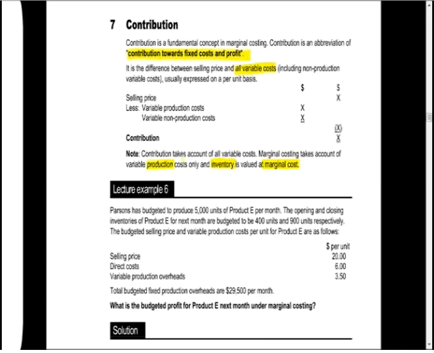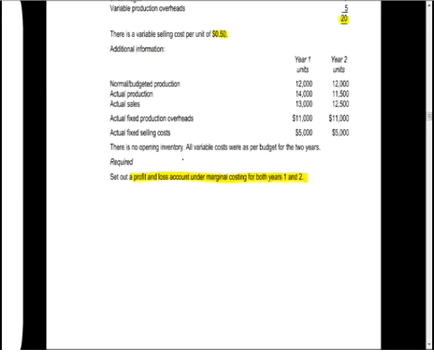So in the previous example that we've just done, we could have worked out a contribution per unit and then multiplied that by the number of units to give us our total contribution, from which we could deduct the fixed costs to get to the profit. So the selling price then was $25, the variable costs were 20 for production and 50 cents for selling.